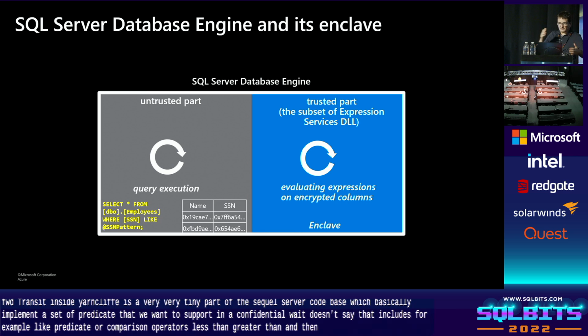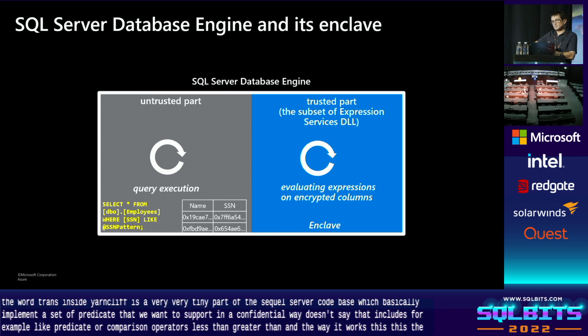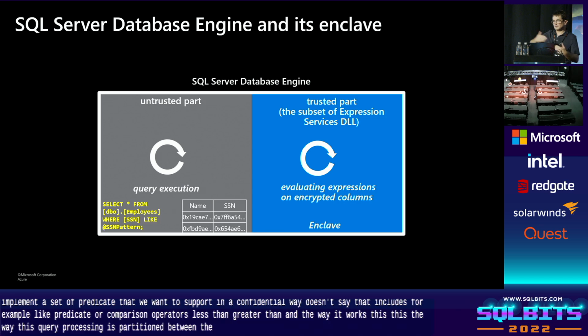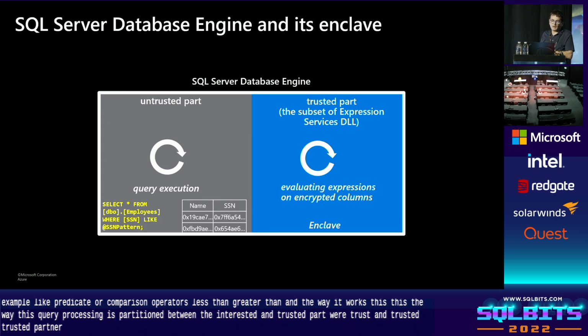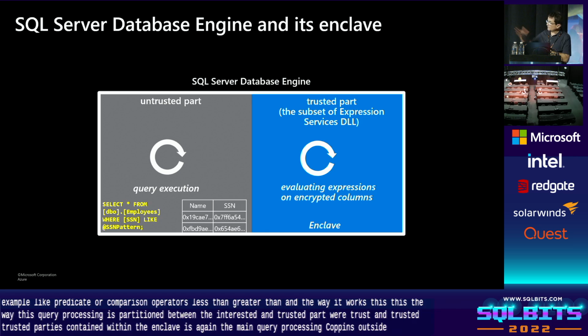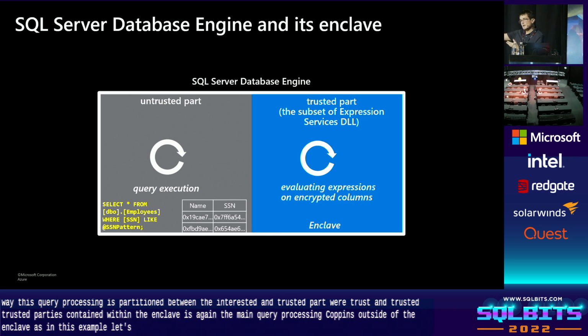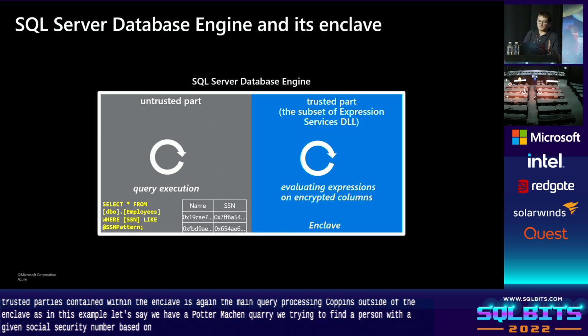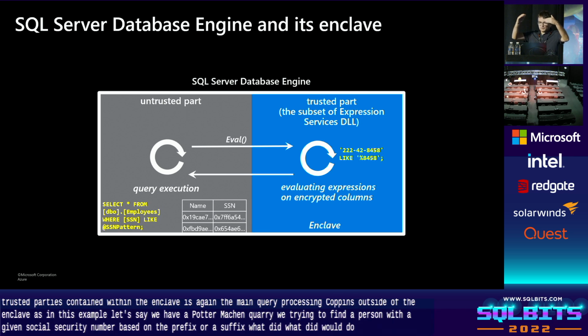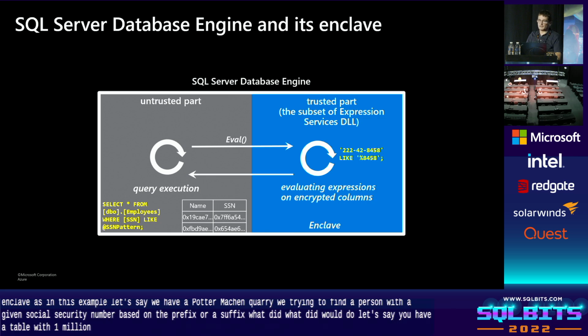And the way this query processing is partitioned between the untrusted and trusted part, where the trusted part is contained within the enclave, is, again, the main query processing happens outside of the enclave. As in this example, let's say we have a pattern matching query. We're trying to find a person with a given social security number based on the prefix or a suffix. Let's say you have a table with 1 million rows, and there is no index.